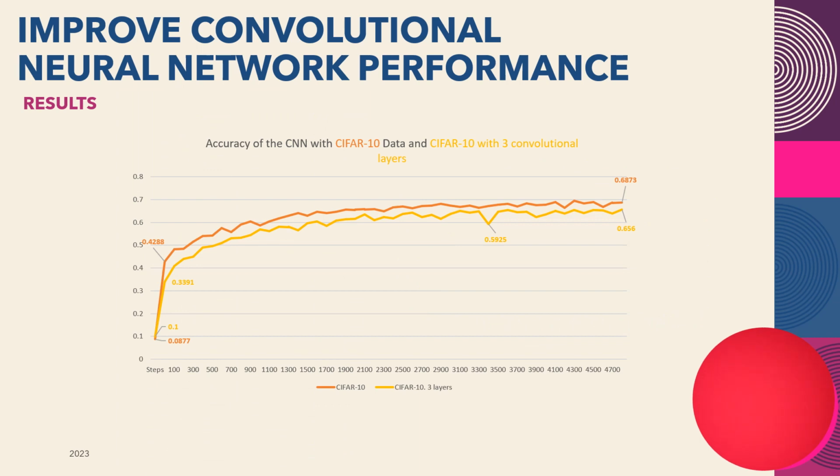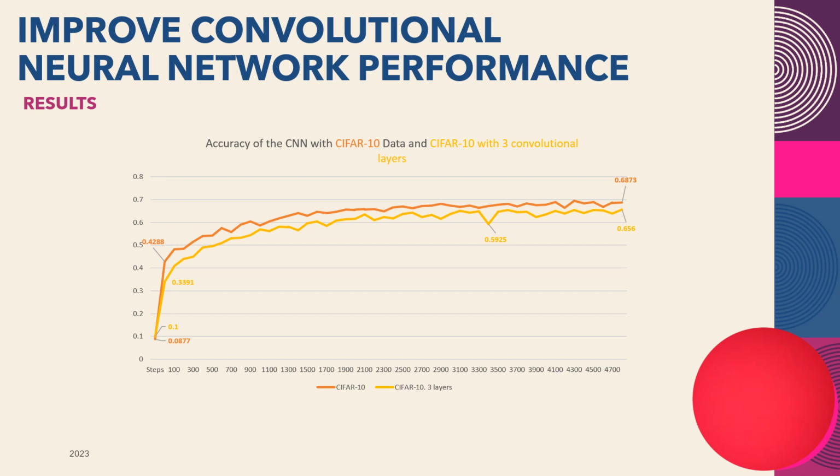After adding one extra layer, it was expected that with the third layer, the number of features extracted will increase to 128. We can observe that the accuracy level started at 10% and jumped to 33.91% in the first 100 steps.